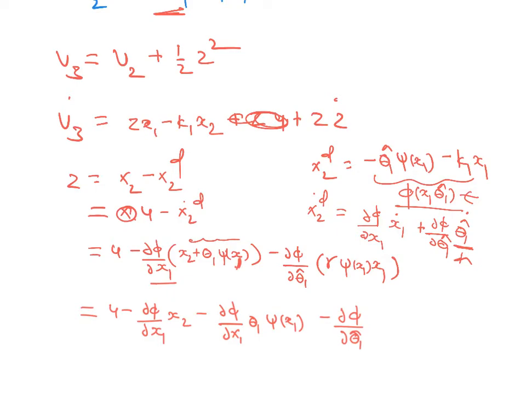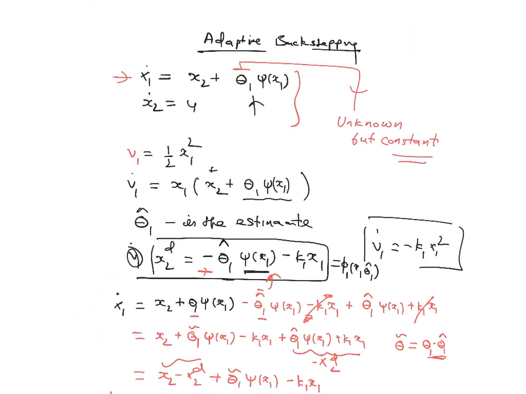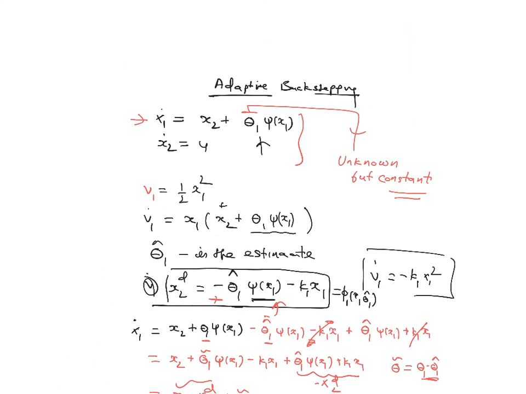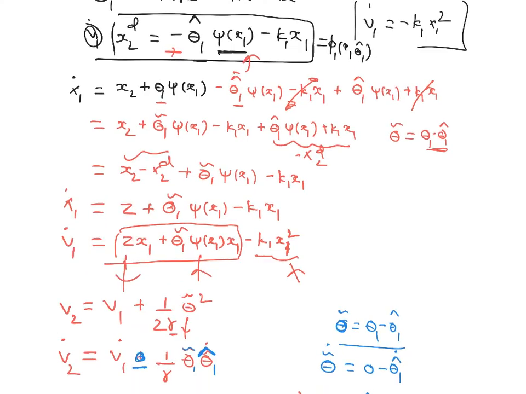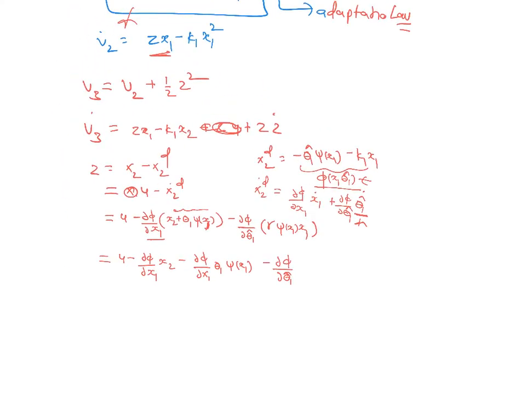So the example I wanted to initially start with was just a first order equation, which is x1 dot equals u plus theta 1 phi x1. That's what I wanted to start with, but we ended up here. The logic is still the same, but here for the same parameter I have to estimate it 2 times to cancel things out.